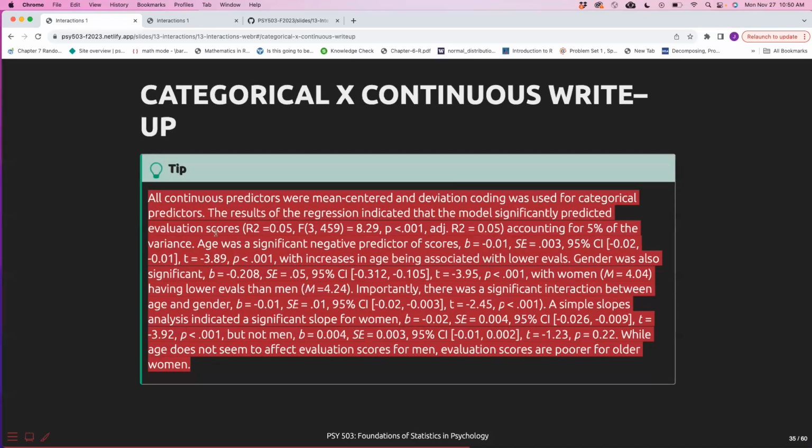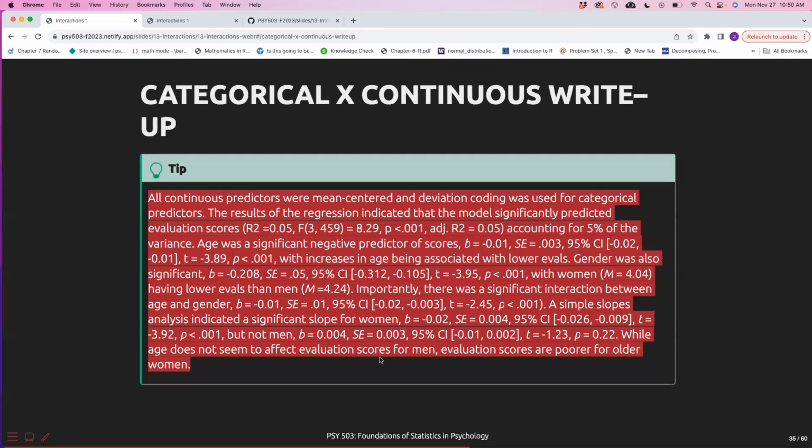The results of the regression indicated that the model significantly predicted evaluation scores, accounting for 5% of the variance. Age was a significant negative predictor of scores, with increases in age associated with lower evals. Gender was significant, with women having lower evals than men. Importantly, there was a significant interaction between age and gender. A simple slopes analysis indicated a significant negative slope for women, but not for men.